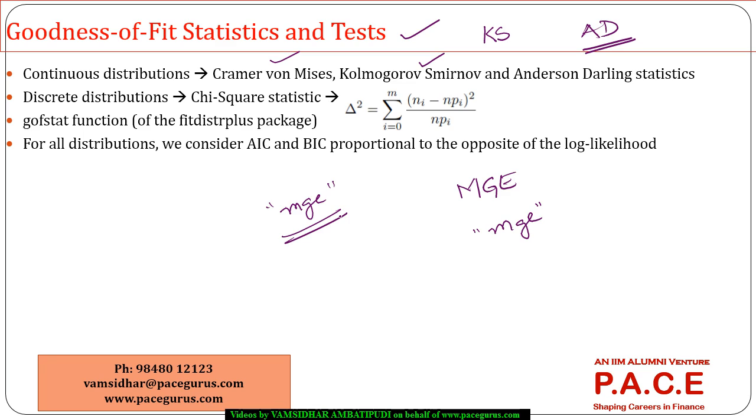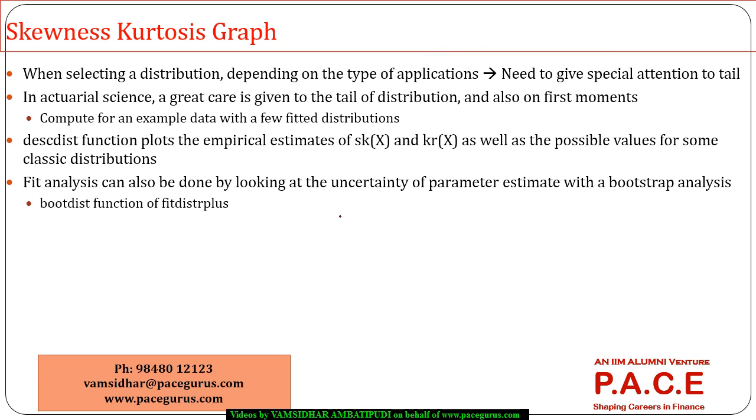And apart from that, we also have one more mechanism where we are simply trying to plot the skewness-kurtosis graph. So selecting any distribution, depending on the type of application, we may have to focus more and more on the tails of the data. And we know skewness and kurtosis are two major measures which talk about the tails in the data.